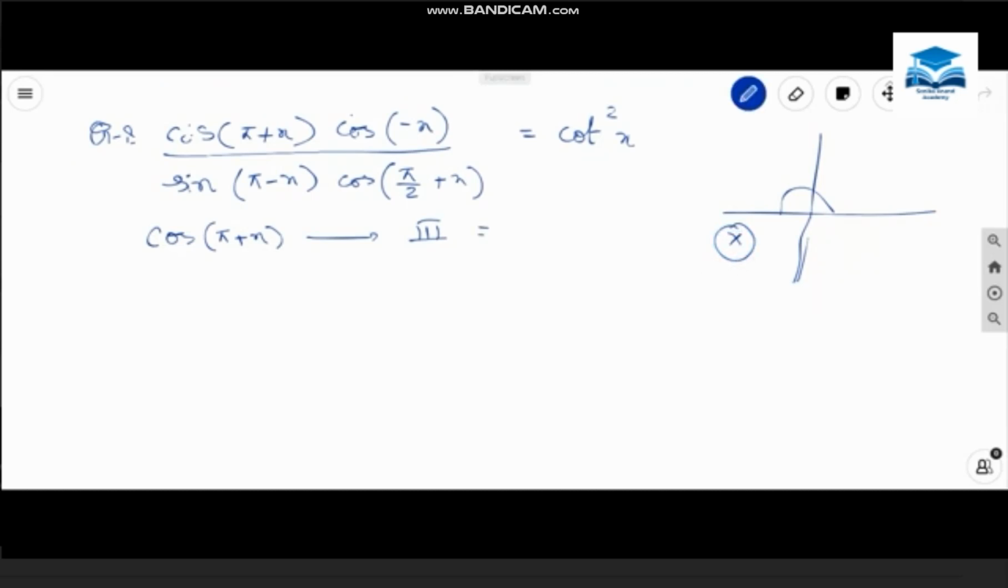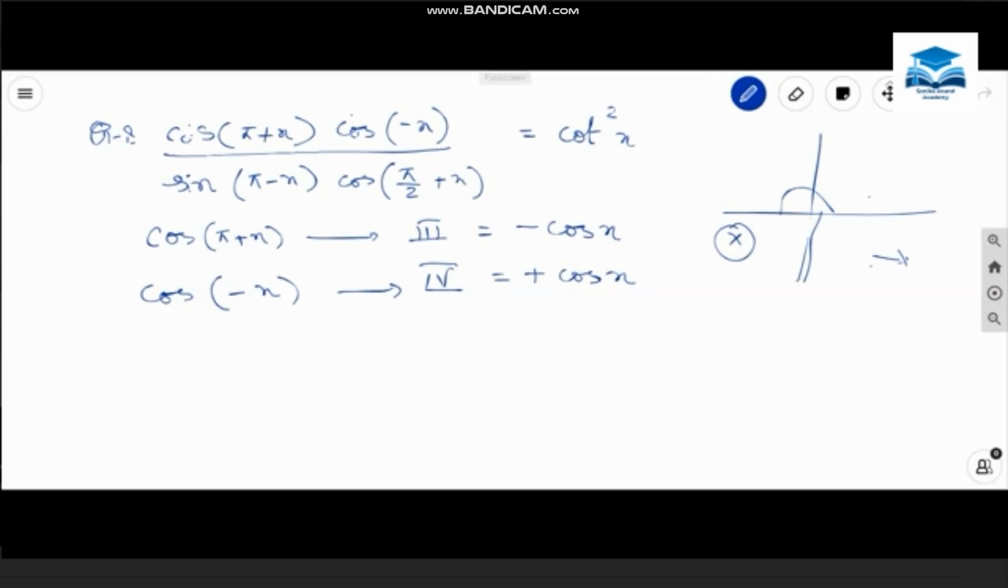So its value becomes minus cos x. Now, cos of minus x. This is x, so minus x goes to the fourth quadrant. In the fourth quadrant, the value of cos theta is positive. So it becomes plus cos x. Clear?